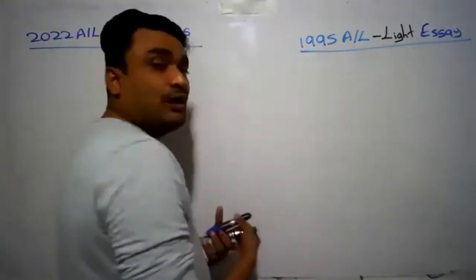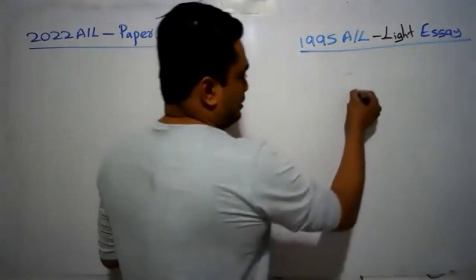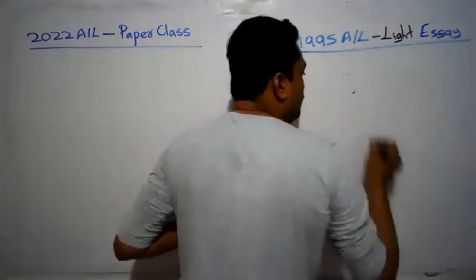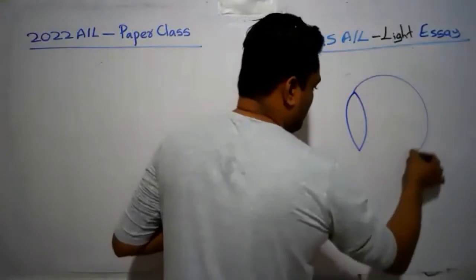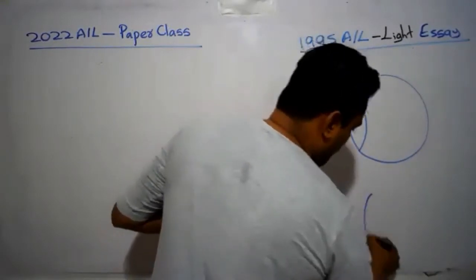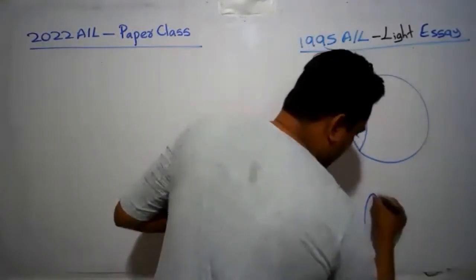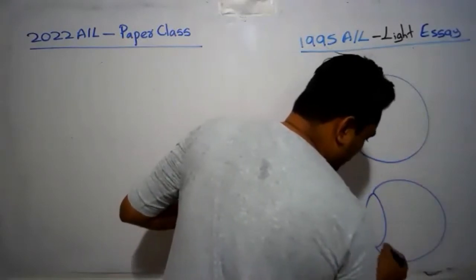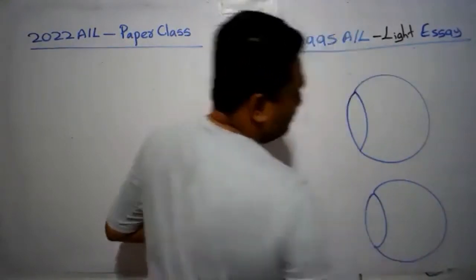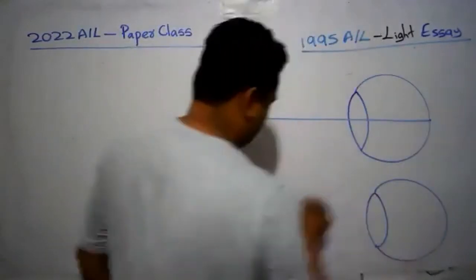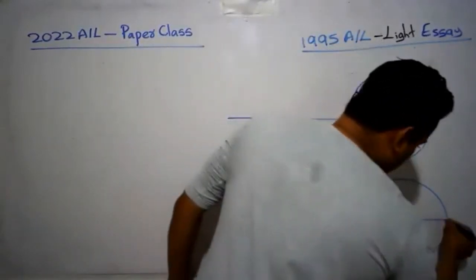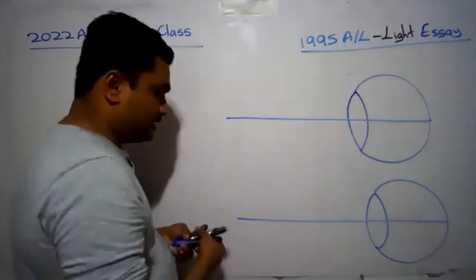Look at the board there. You have learned those things in our light lesson. So if you consider an eye, I'll draw two identical eyes, so it will be easy for me to explain, and I'll use the same object.